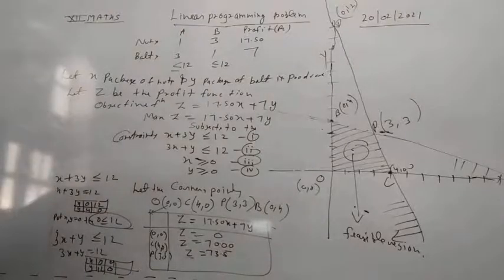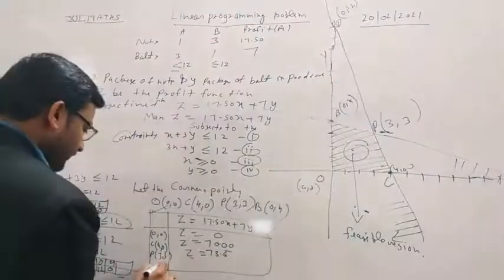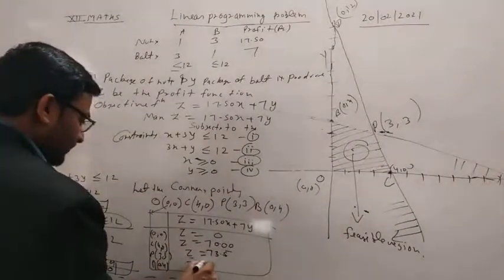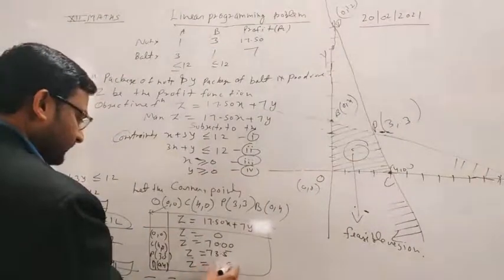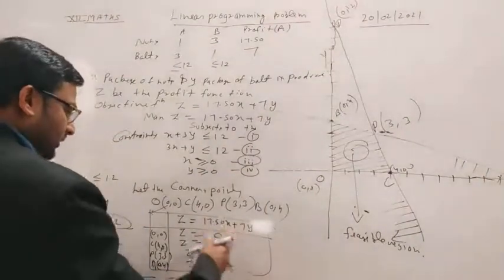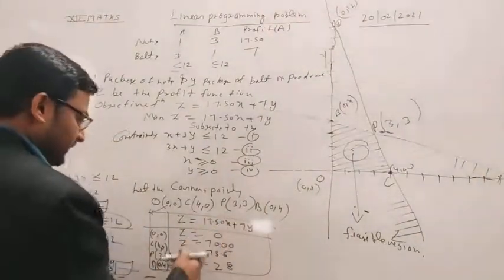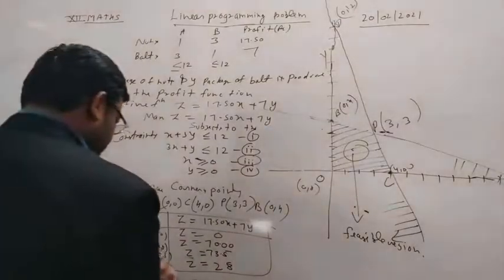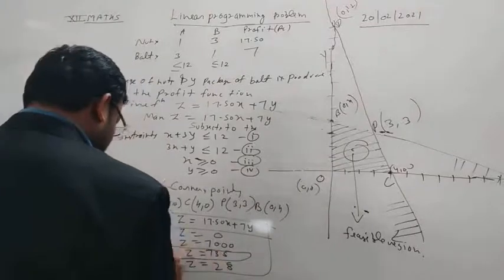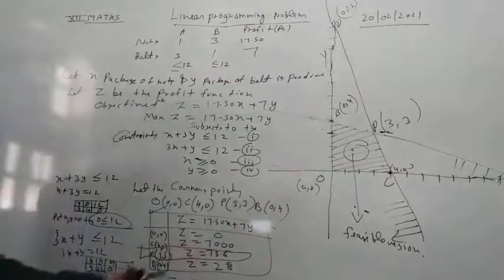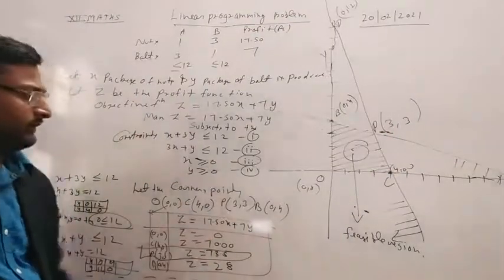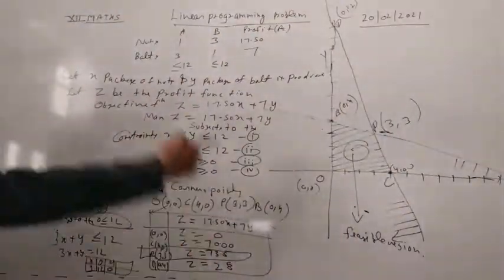Okay, when we put the values, we get this, and at the point B, 0, 4, our Z is 28. So students, we are saying that this is the maximized Z. Okay, so this is our maximum Z, so profit will be maximum at the point P.